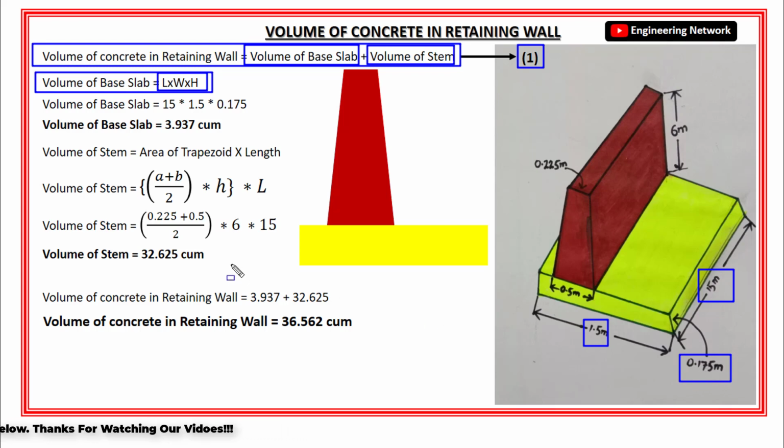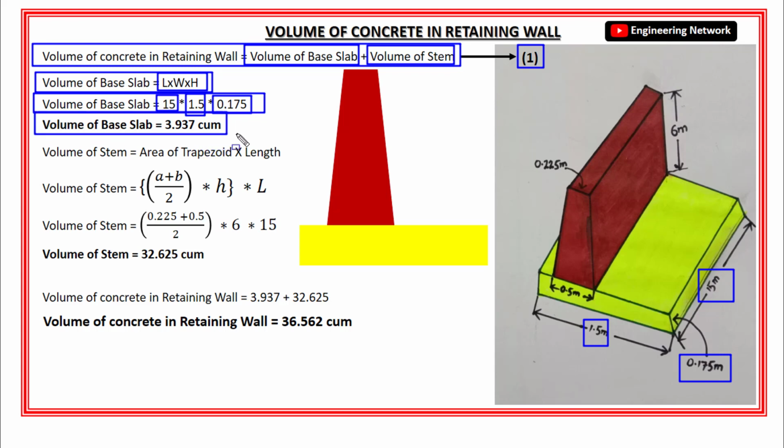Okay? So the volume of base slab is equal to 15 multiplied by 1.5 multiplied by 0.175. And the volume of concrete in base slab will become 3.937 cubic meter.